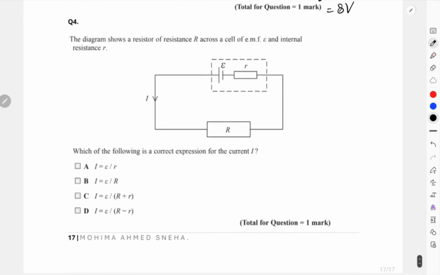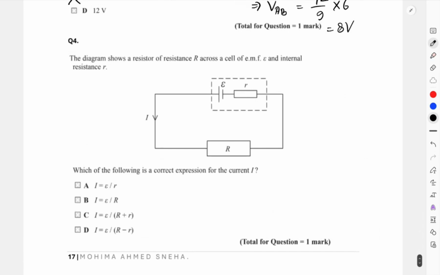And moving on to the last question actually. Over here it says, which of the following is the correct expression for the current I in this case? For current I, the equation always starts with this, that total EMF is equal to the voltage of the fixed resistor plus the voltage of the internal resistance, right?